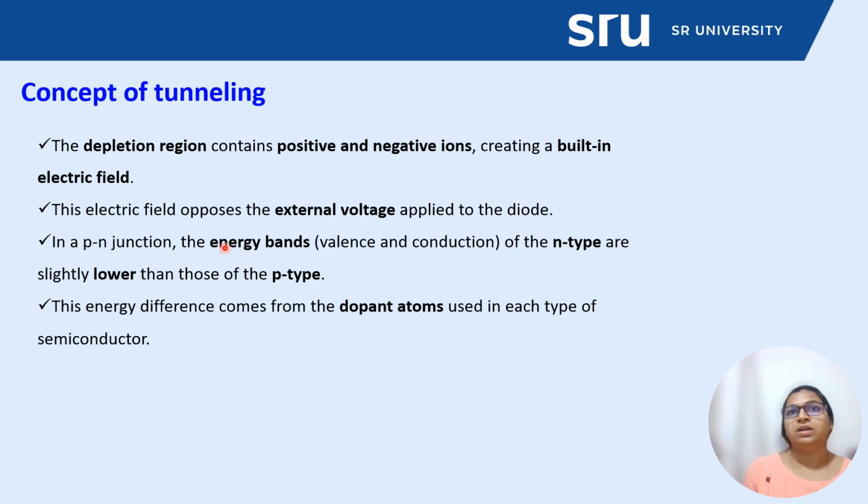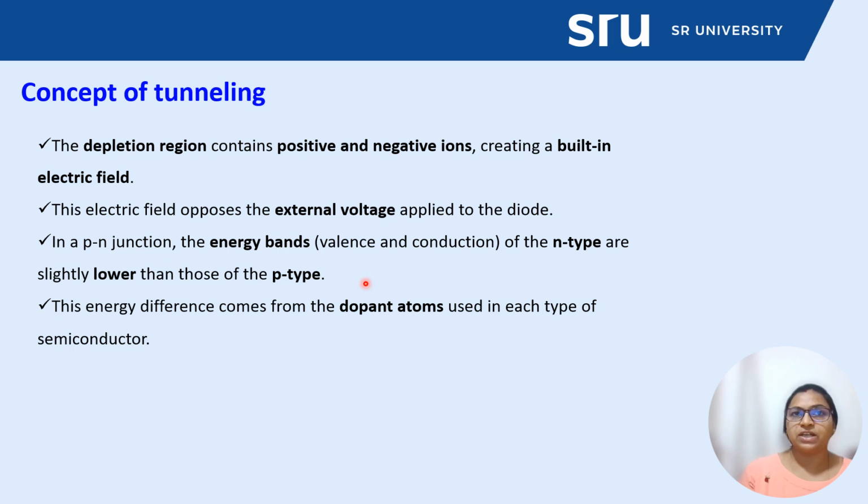This difference of energy level in p and n-type semiconductors is due to the difference in the energy level of the dopant atoms, that is, the donor and acceptor atoms used to form the p and n type semiconductors. The energy band is the gap between the valence and conduction band. So in n type they are slightly lower than those of the p type.